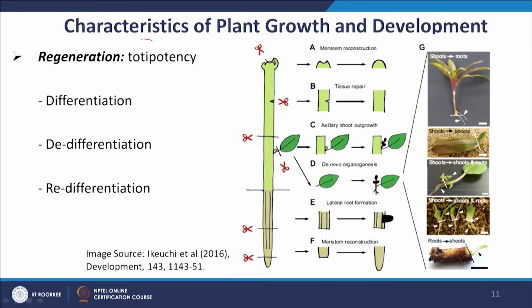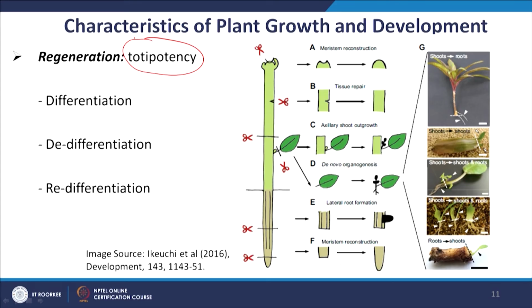Another important characteristic feature of plant growth and development is the totipotency of plants. What does it mean? Every cell in the plant, in principle, has the capability to undergo cell division, cell differentiation, dedifferentiation, anything, and to make a whole plant.